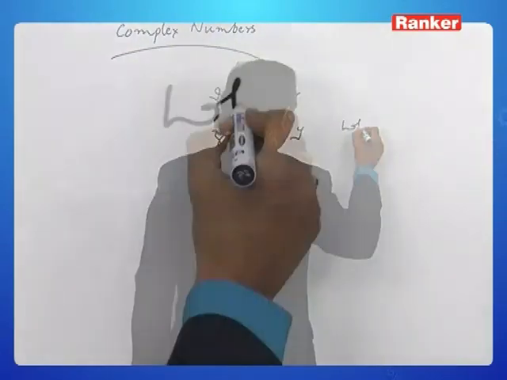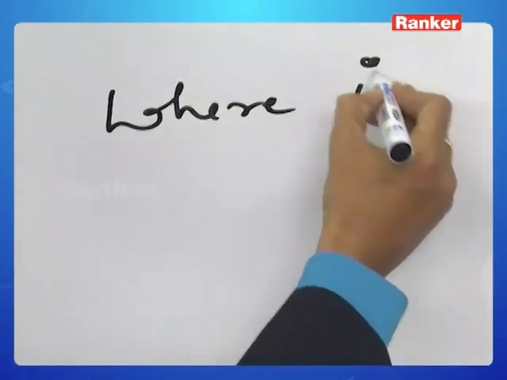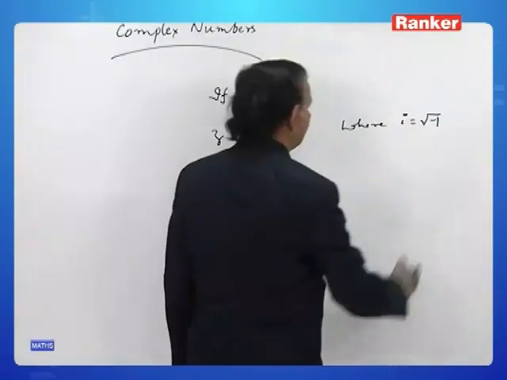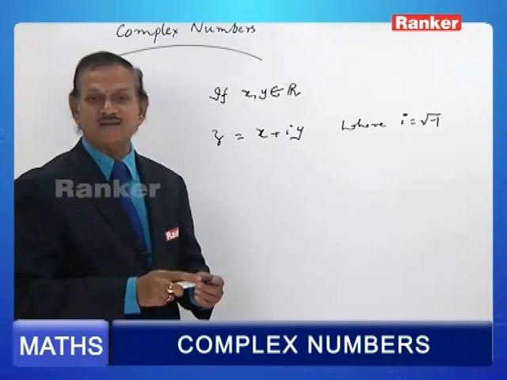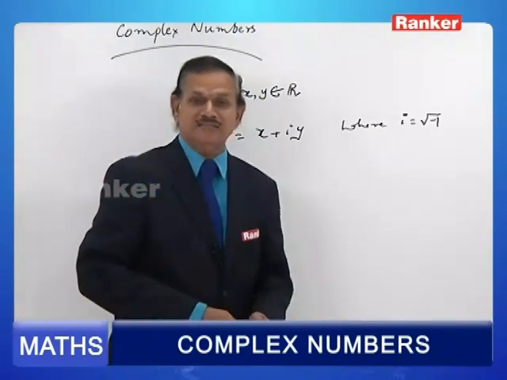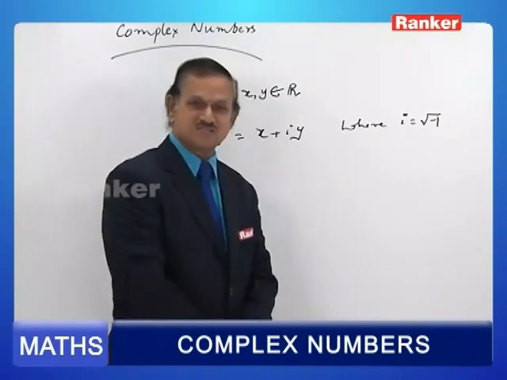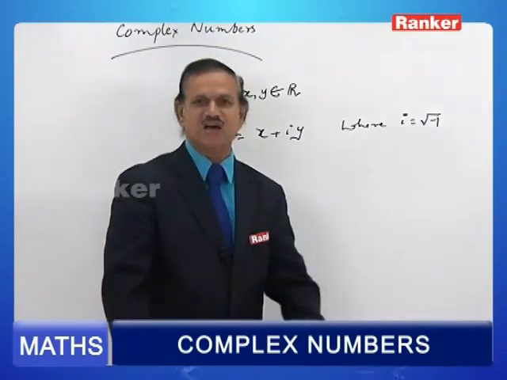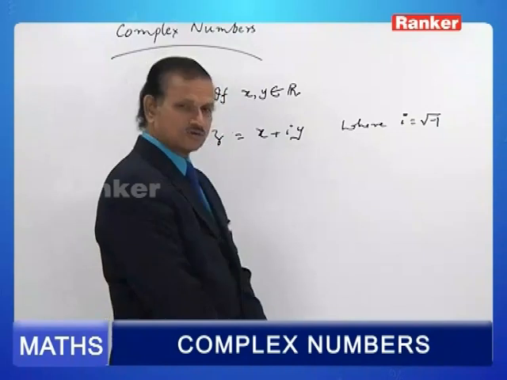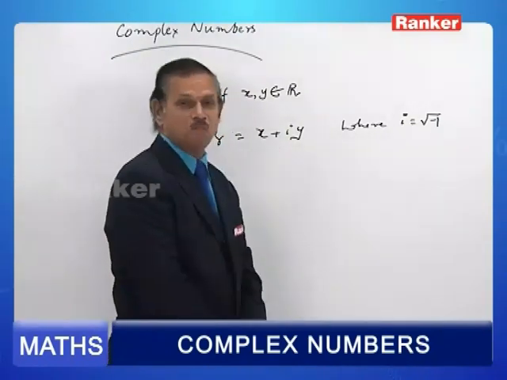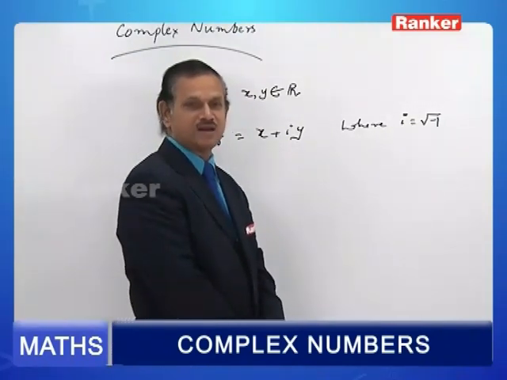Here, i is equal to square root of minus 1. It is also termed the imaginary square root of minus 1. Some students and lecturers call it an imaginary number. i is an imaginary number.